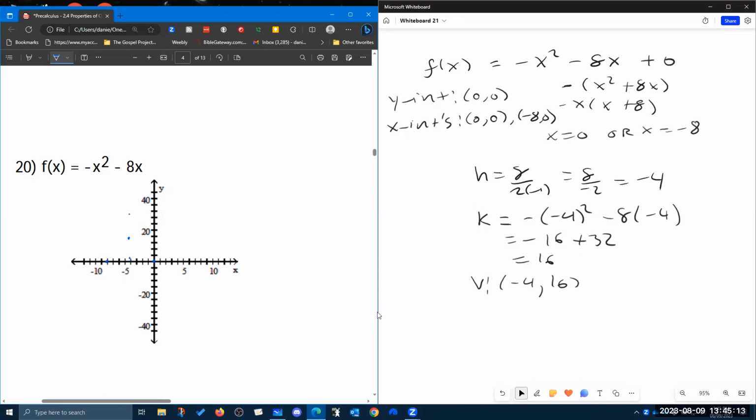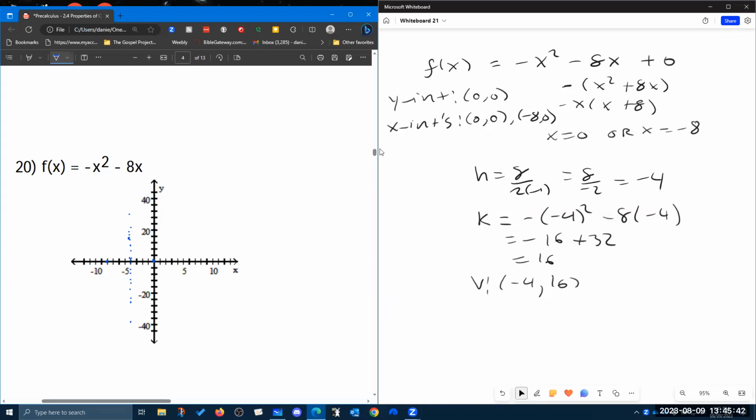I didn't graph that last time, but we should see that the x-intercepts are equidistant from that. If I want to find an additional point, such as when x equals -1, it's -1 plus 8, which is 7.